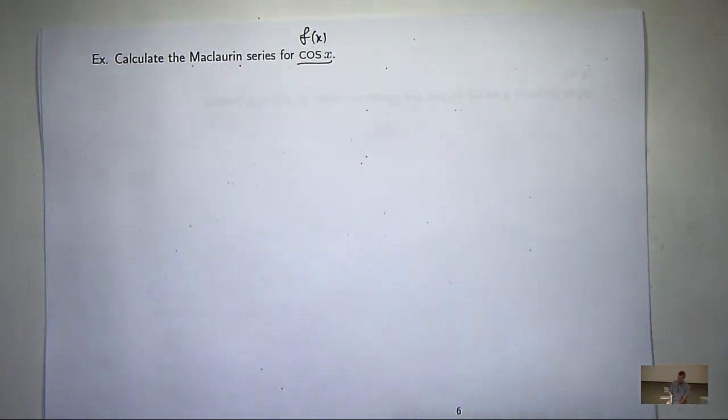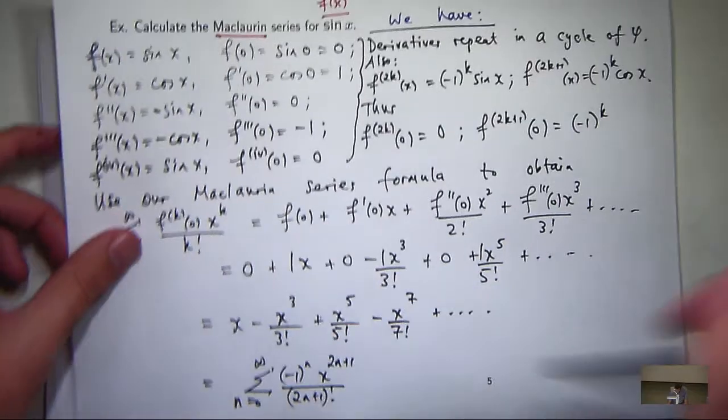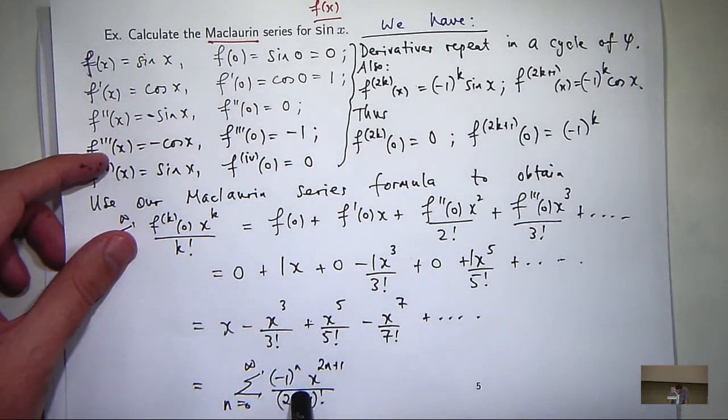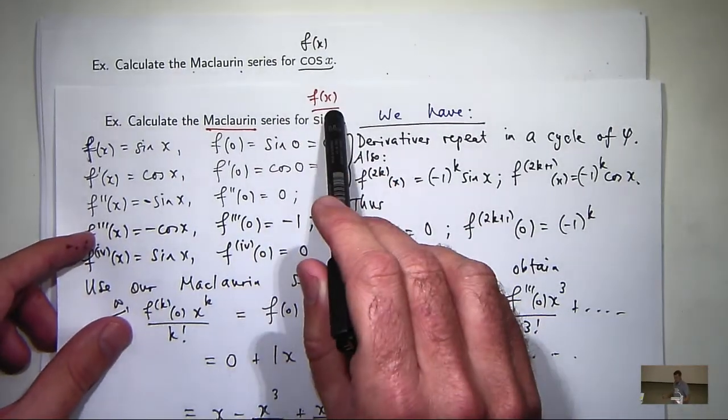So there's a fast way and a not so fast way for this one. Can anyone suggest how we might calculate the Maclaurin series for cosine x? Yes? Absolutely. We just spent all this work calculating the Maclaurin series for sine x. What's the relationship between cosine and sine?